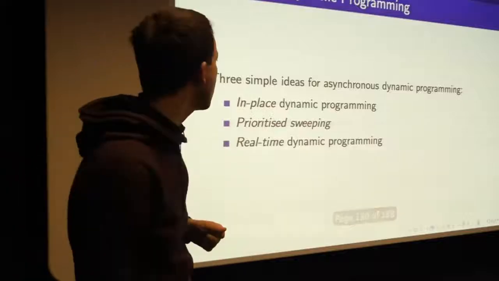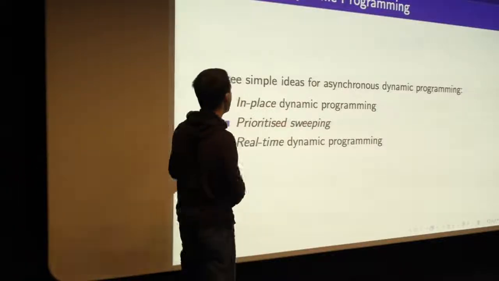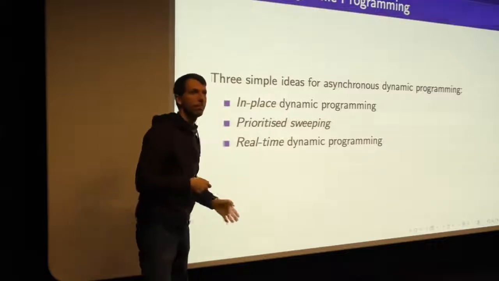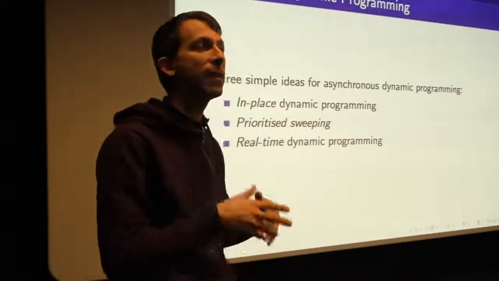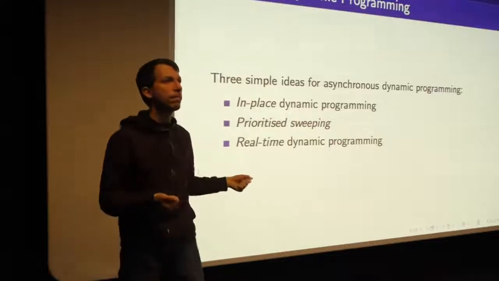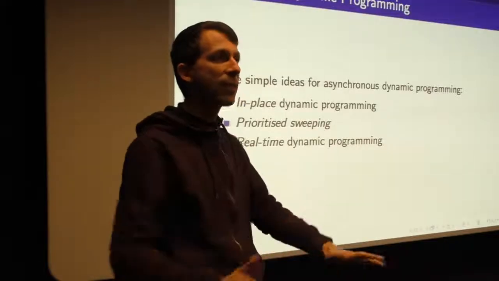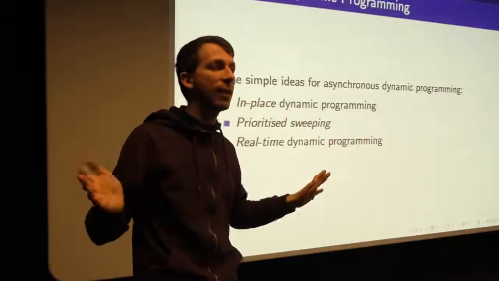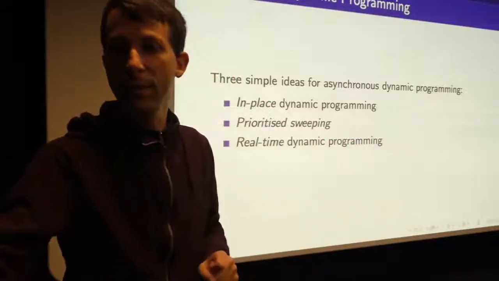Okay, so we're going to consider 3 ideas very briefly: in-place dynamic programming, prioritized sweeping, and real-time dynamic programming, all of which are asynchronous methods. So they basically are different ways to pick which states we're going to update. Okay, so we're just not going to do complete sweeps. We're not going to naively update every single state in our state space and incur that big cost we just saw in the last slides.